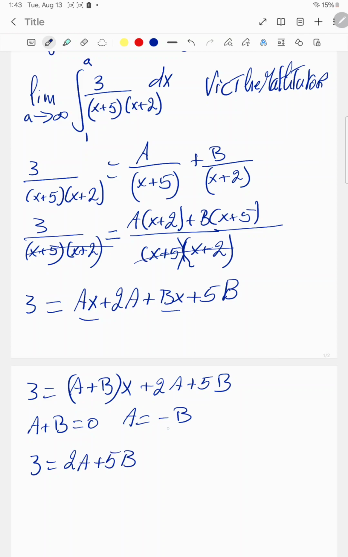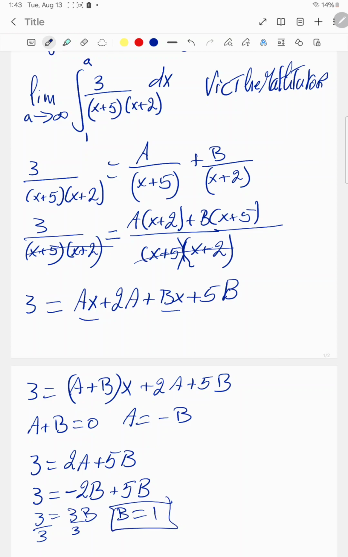But I know that a equals minus b, so let's replace a by its value: minus 2b, because I replace a by minus b, plus 5b. So minus 2b plus 5b is 3b. So 3 is equal to 3b. That means I divide here by 3, divide here by 3. My b is equal to 1. If my b is equal to 1, then my a is equal to minus 1, because a is equal to minus b.